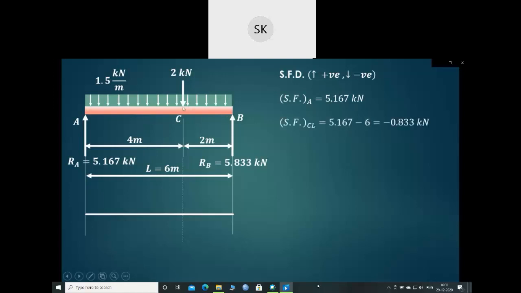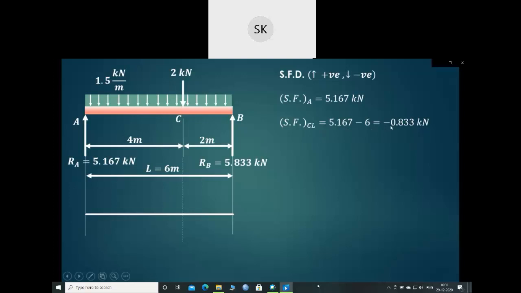Now shear force at C left means we are not considering this 2 kilonewton load; we are considering all the other forces acting on the left hand side of C. So we start with RA, that is 5.167, positive because it is acting in the upward direction, and the UDL from A up to just left of C, that is 1.5 into 4, that is 6.